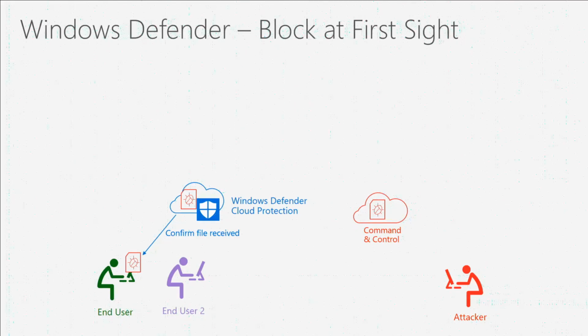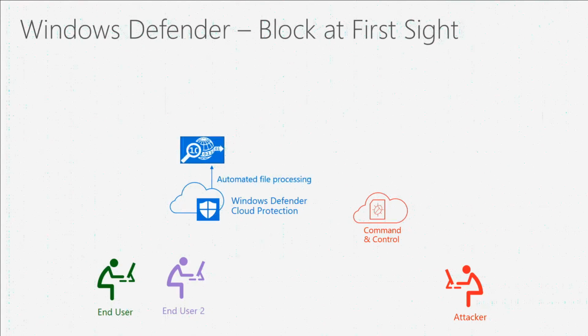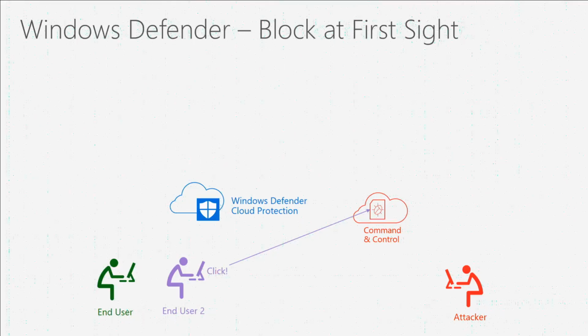So now we only let the file run once we get the confirmation that it was uploaded to the cloud. And at that point, this automated file processing kicks off, and that's where you saw that the machine learning algorithm came back and said, this is 95% confident that it's malware. And from that point, the second user, and this is the part that didn't seem to work.